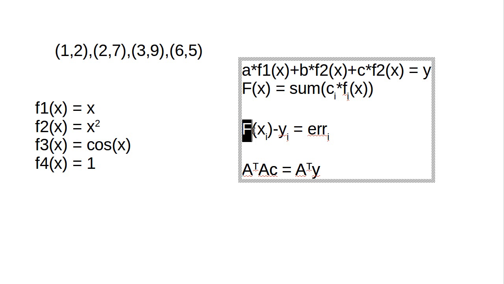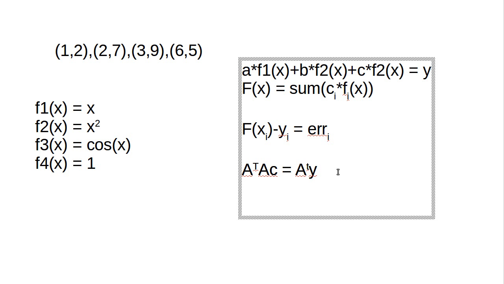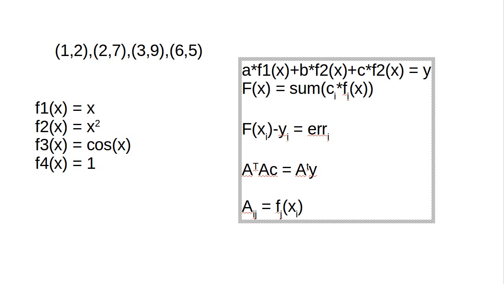Well, this A comes from our F there. So the A value at row i, column j, is equal to the jth function applied to the ith value of x.